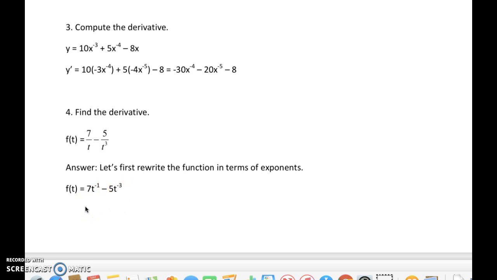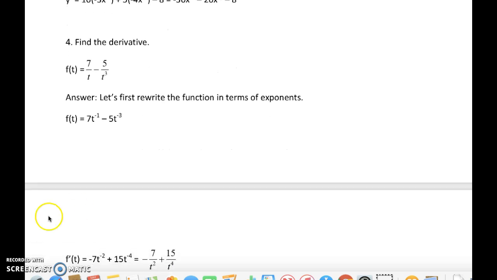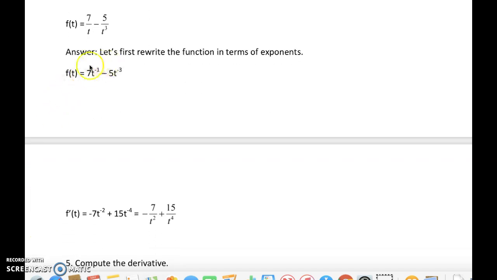When we go ahead and take the derivative, this negative 1 is going to come to the front, leaving us with negative 7. Subtract 1 from the exponent, we have t to the negative 2. And again, we have a minus 5t to the negative 3, the negative on the 5 and the negative on the 3 change to a positive. 3 times 5 is 15, and we'll subtract 1 from the exponent.